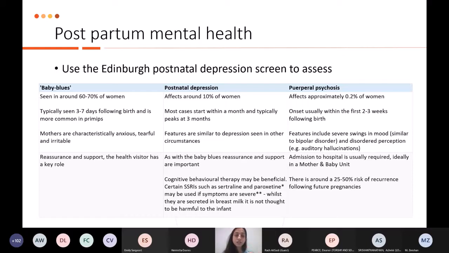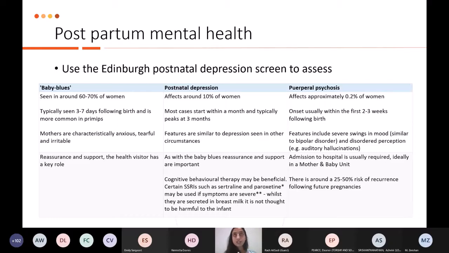The thing that we don't want to miss alongside depression is psychosis. It's quite a rare thing, but you need to keep an eye out for it. Women who have had a background of mental health problems before, particularly schizophrenia, are looked after by special mental health midwives. The onset of psychosis would often be around 2 to 3 weeks.